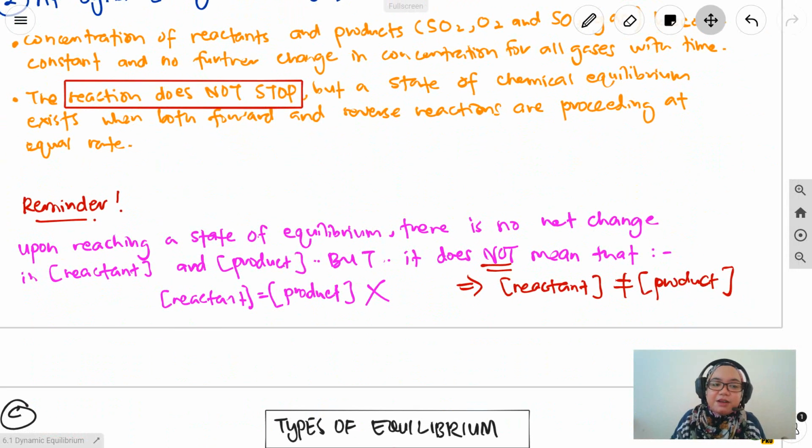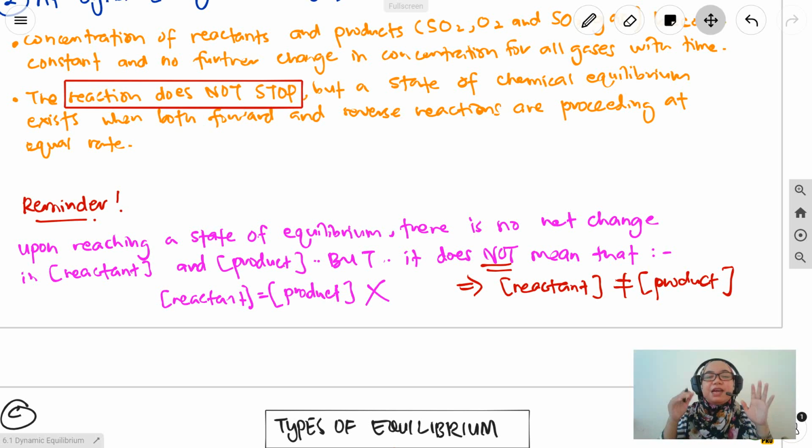So reminder here, okay. Upon reaching a state of equilibrium, there is no net change in the concentration of reactant and concentration of product. But it does not mean that reactant punya concentration is equal to the product punya concentration.